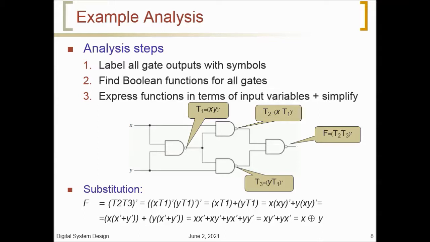Then we put the value of T1, that is (XY) complement, so it becomes X into (XY) complement plus Y into (XY) complement. After simplifying this Boolean function, we get a simple algebraic form, that is F is equal to X exclusive-OR Y.